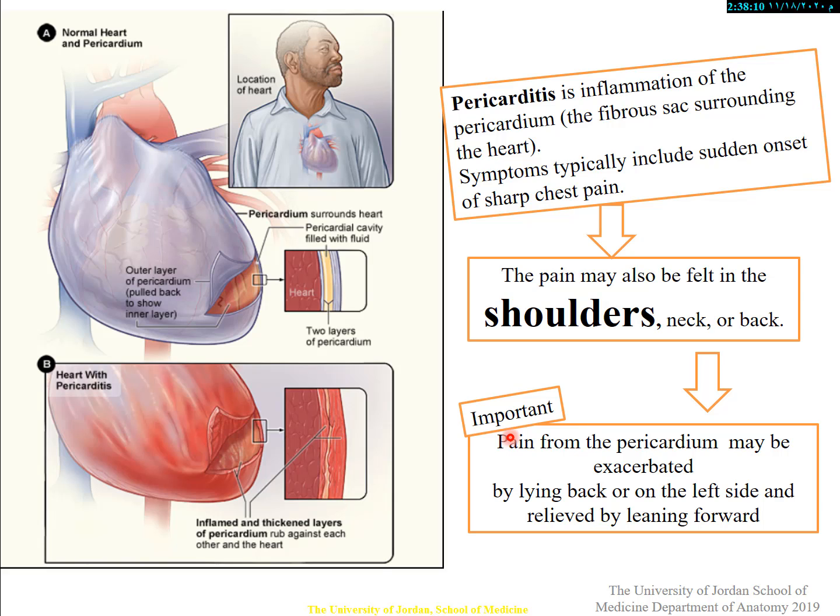Now, pericarditis is the inflammation of the pericardium, the fibrous sac surrounding the heart. Symptoms typically include sudden onset of sharp chest pain. The pain may also be felt in the shoulders, neck, or back. This is primary pain.